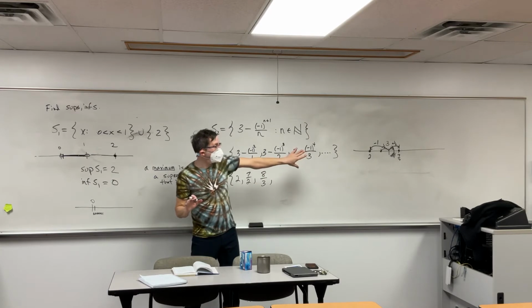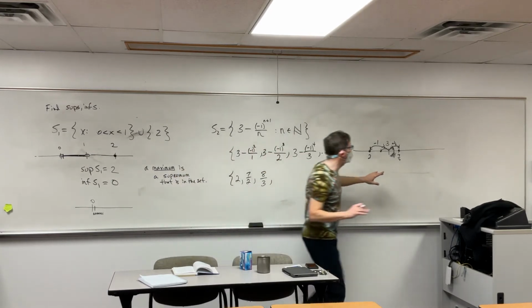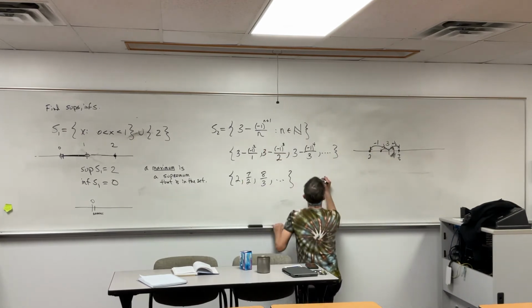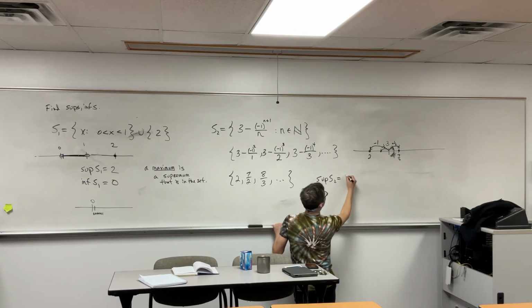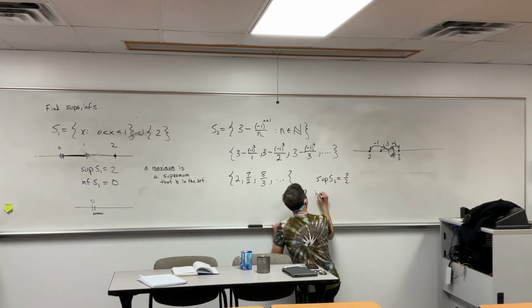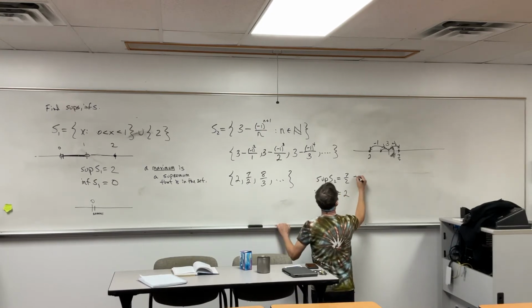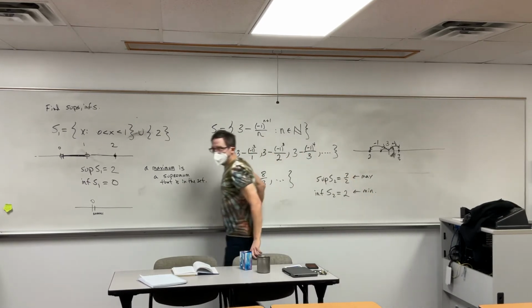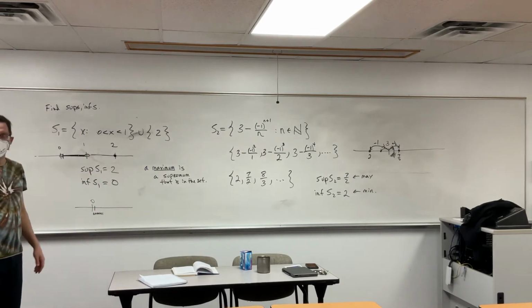And in fact, they're minimum and maximum because I literally can attain them. So for this set, the sup of S2 is 7 halves. The infimum of S2 is 2. And note that this is a max and this is a min. Any questions on that, friends?